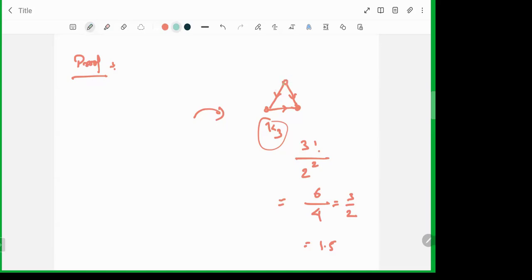One Hamiltonian path is this one. Another one goes along this and this one. So there are many Hamiltonian paths.